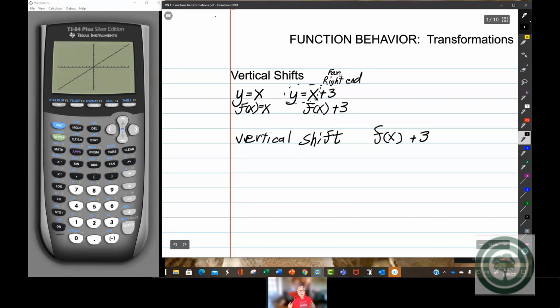That's where you write it. So for instance, if our f of x is, all right, and up 3 units, shift up.